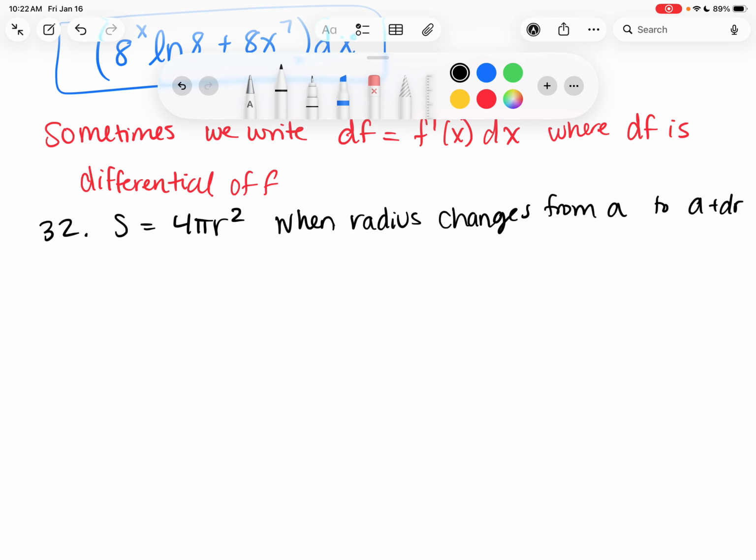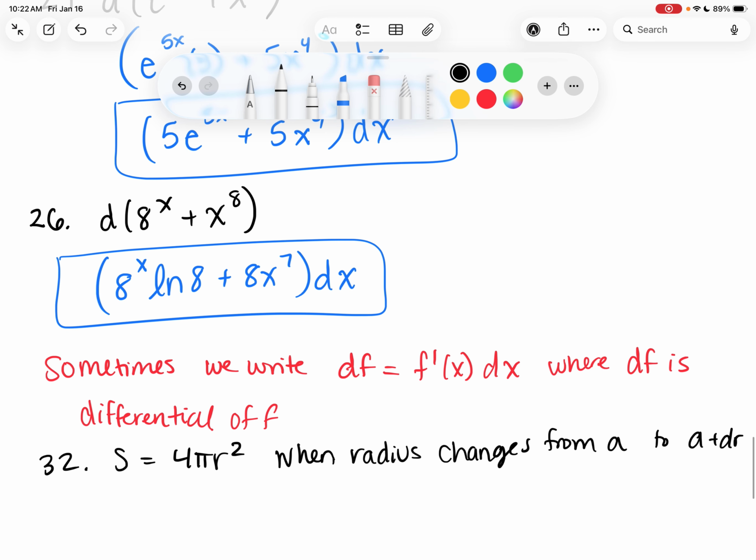So what that's telling me is that basically r is going to be my independent variable, like what normally would be my x. And that kind of makes sense in this particular problem because obviously r is the only variable on the right side. But all I'm doing initially is taking the derivative, but I'm going to specify because it's not just like x and y. I'm not just going to write like s prime. I'm going to write ds, and then I'm going to use dr on the other side.